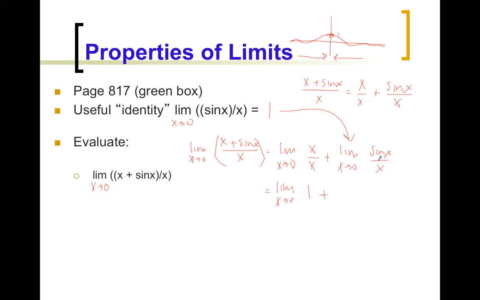The limit as x approaches 0 of sine x over x is 1. Some people have a little problem with this because there's no x value here. Well, the limit of a constant is just that constant. The limit of a constant, doesn't matter where the limit goes to, is always 1. So we get 1 plus 1 is 2. So therefore, the limit of this function is 2 as x approaches 0.